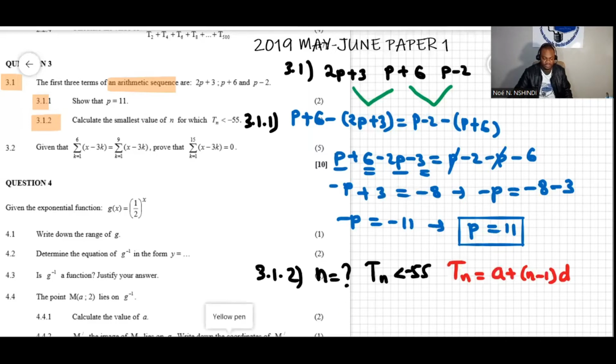And then p plus 6, so 11 plus 6, which is 17. And then p minus 2, so 11 minus 2 is 9. Now we can notice that the constant difference here is 8.